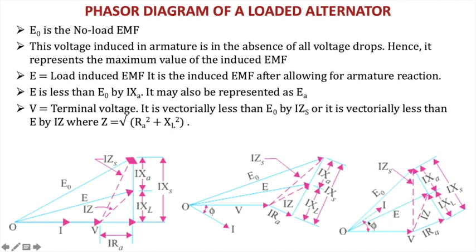The IRA drop is again in phase with the current, and you add the reactance drops, or the individual drops as the synchronous reactance, and you get the terminal voltage V, knowing the no load induced EMF in the armature.